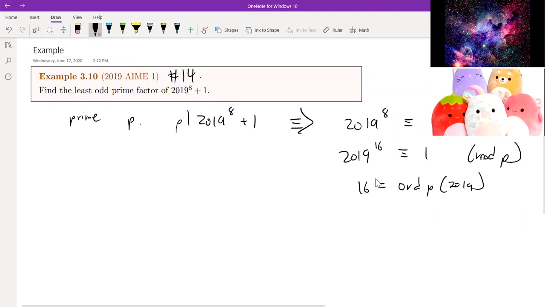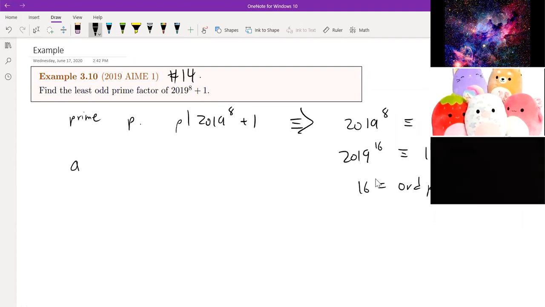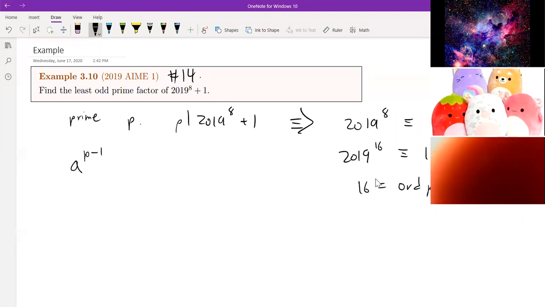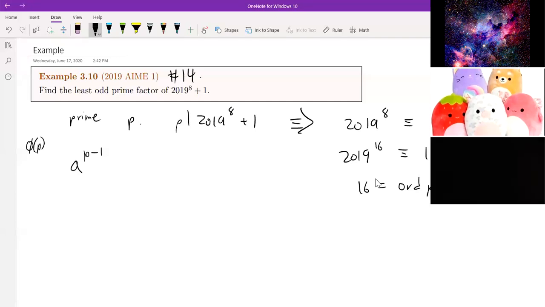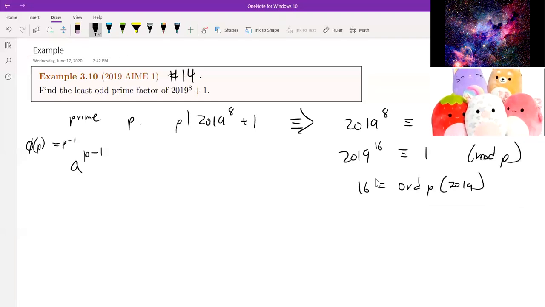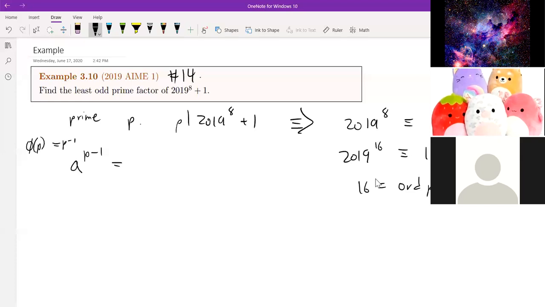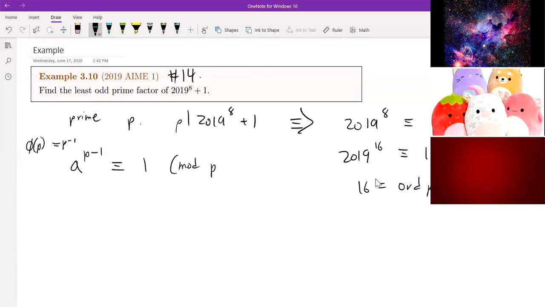Because remember, by Euler's theorem or Fermat's little theorem, we know that any number a to the p minus 1, because remember, phi of p is equal to p minus 1, should be congruent to 1 mod p.